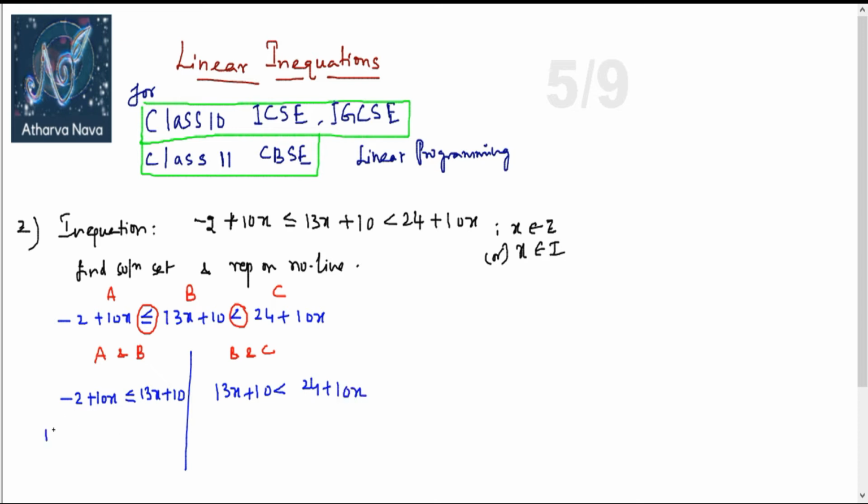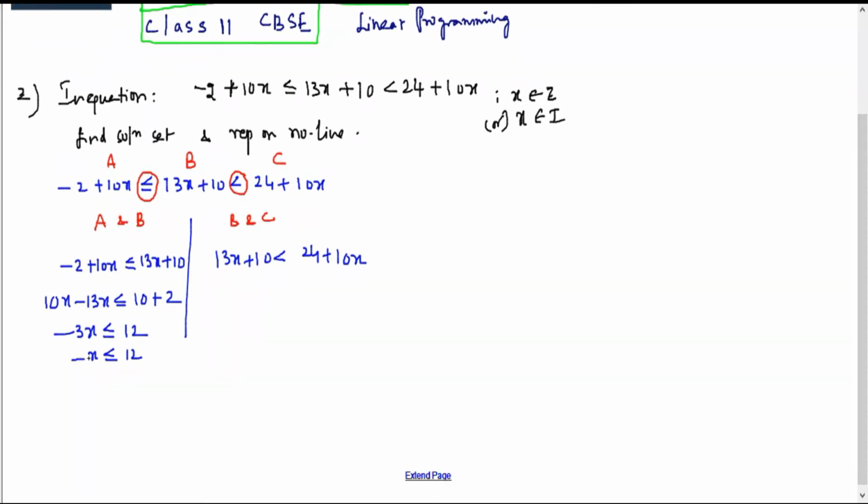So I write 10x minus 13x less than or equal to 10 plus 2, and then I'll write minus 3x is less than or equal to 12. So minus x is less than or equal to 12 by 3. So minus x is less than or equal to 4.